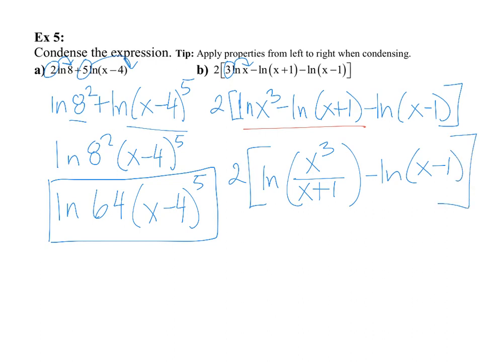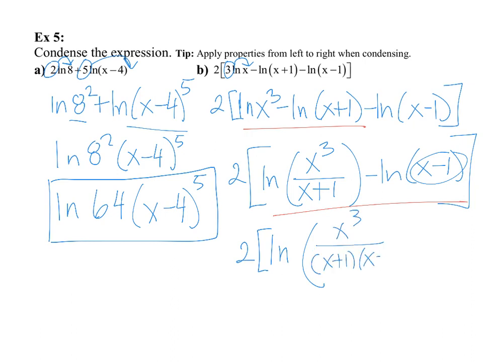And then once again, now I have a difference again, so I could rewrite this whole thing as a quotient. So essentially this piece just goes down to the denominator position if you rewrite it as a quotient. So I get x to the third, x plus 1 times x minus 1. Yep. All right, and almost done here.